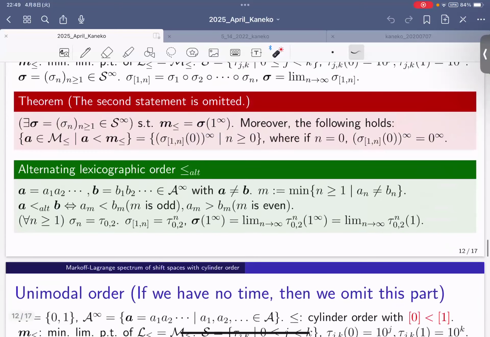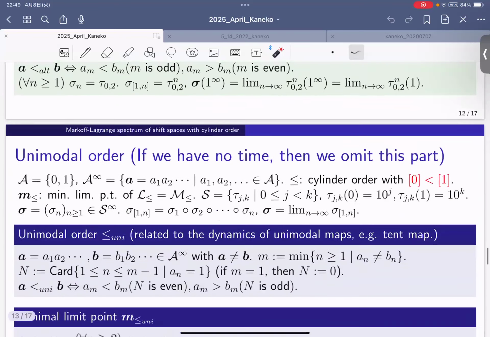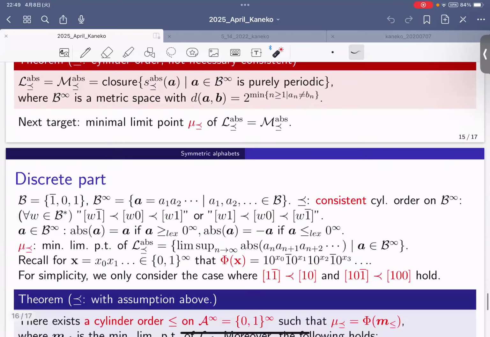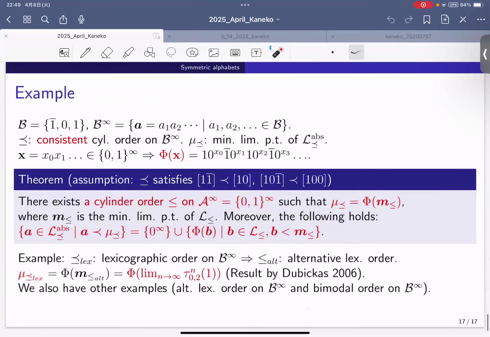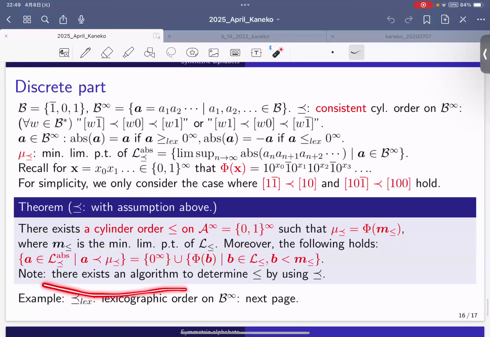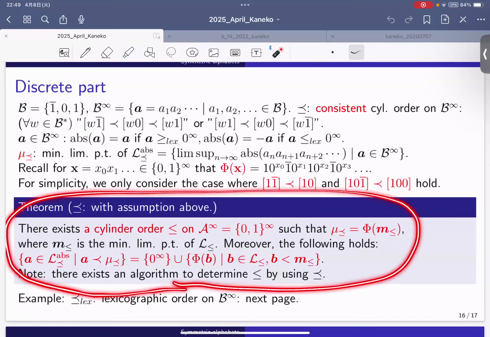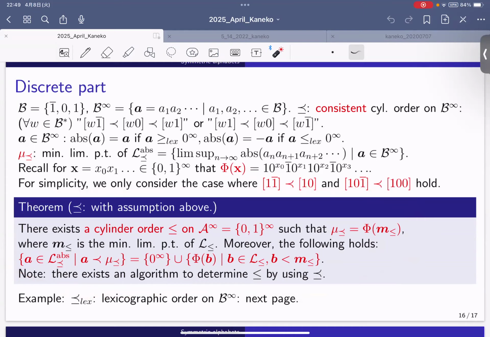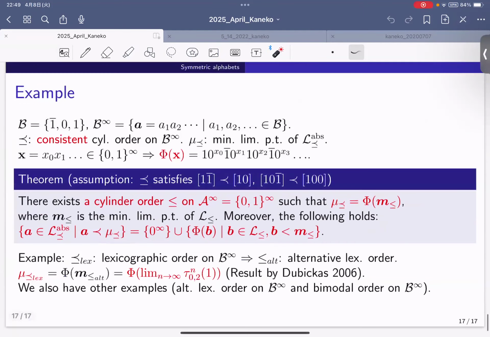In this meaning, this theorem is a generalization of Professor Davidskas 2006.